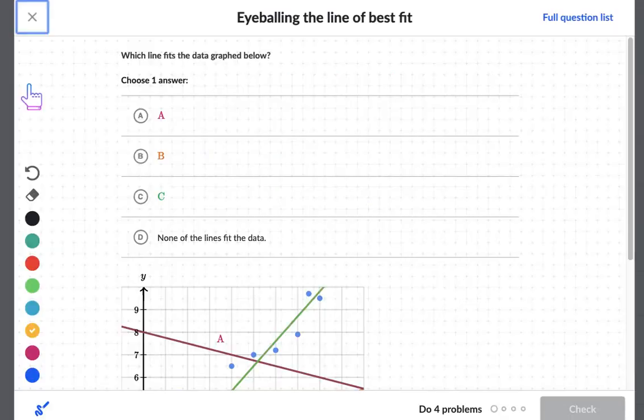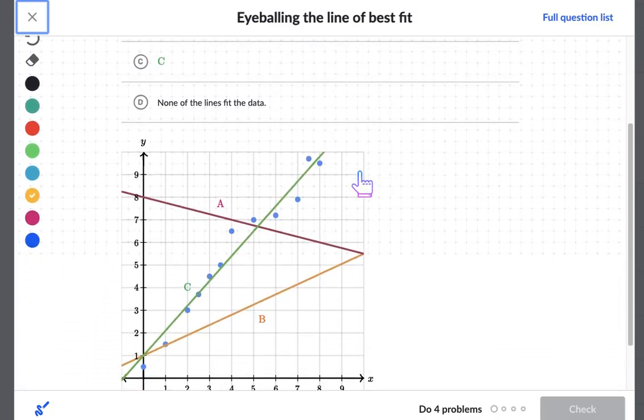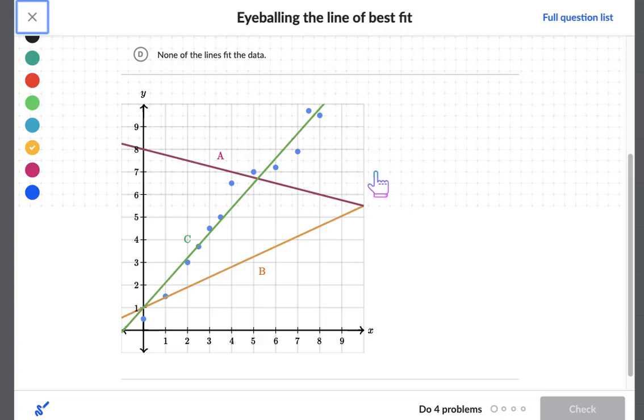All right, let's do some examples. In this example, it's asking you which line fits the data graph below. So they're giving you A, B, and C to choose from, and then another option is just none of them. So go ahead and pause the video and try to pick the best one. All right, this one seems to be pretty clear that C is going to be the best one because A is going in a completely different direction.